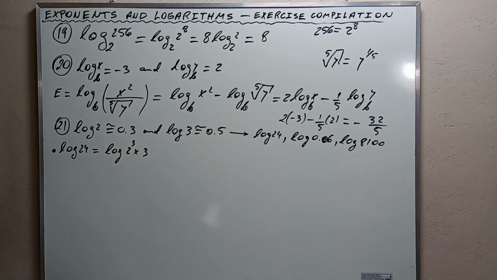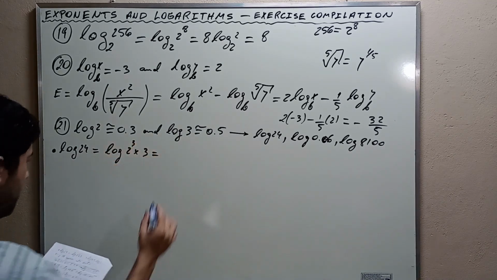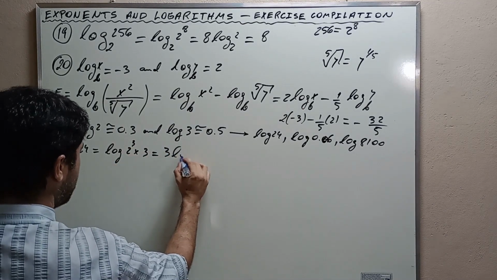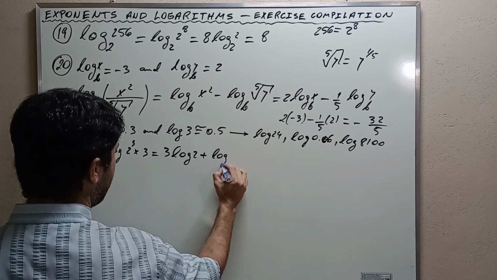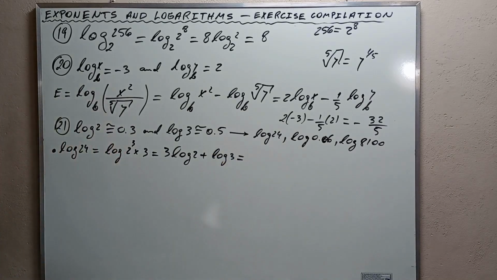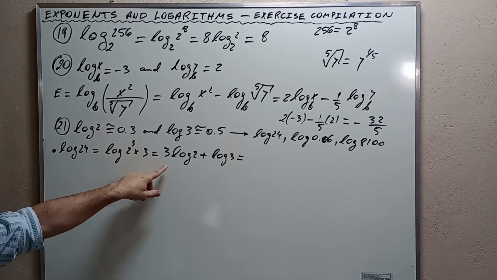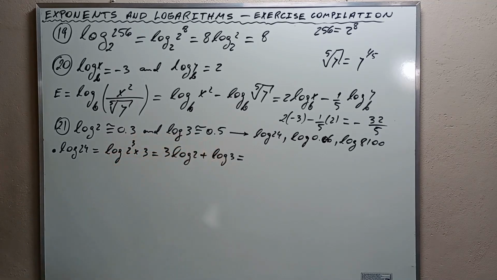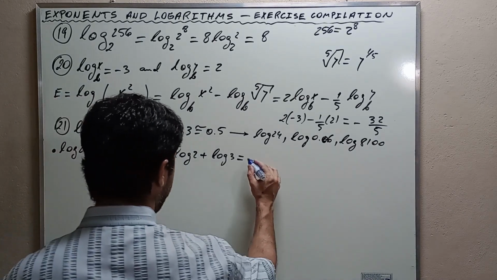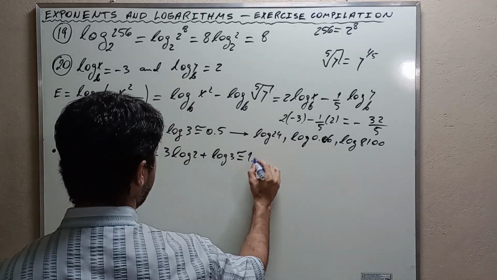We apply the rule of the product, and passing this power to this side, it becomes 3 times the logarithm base 10 of 2 plus the logarithm of 3. And we simply use the values. In the place of the logarithm of 2 we put 0.3, and in the place of logarithm 3 we put 0.5, and we find the value is approximately 1.4.